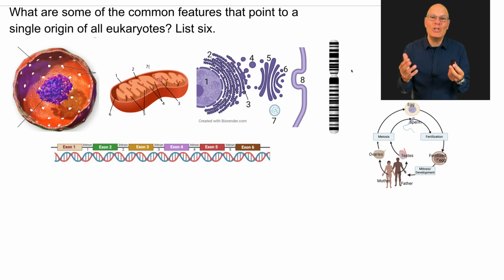The homologies that we just discussed go back 3.8 billion years or so to the origin of life. There are also more recent ones, still ancient, that go back 1.8 billion years that indicate that all eukaryotes are cousins.